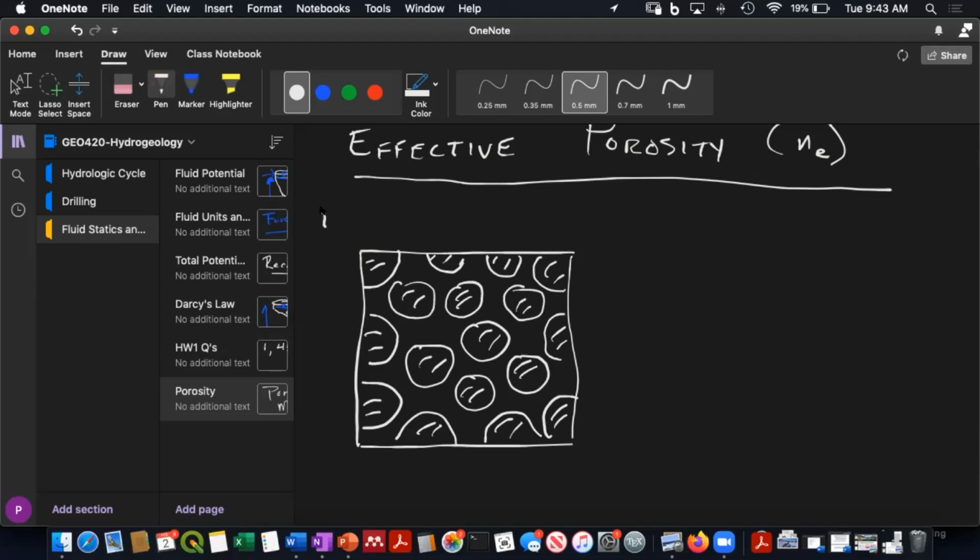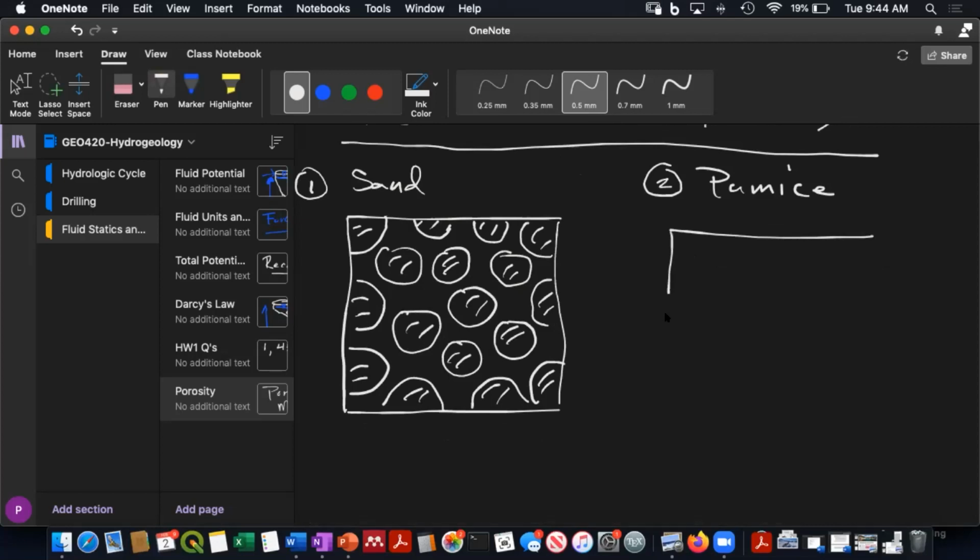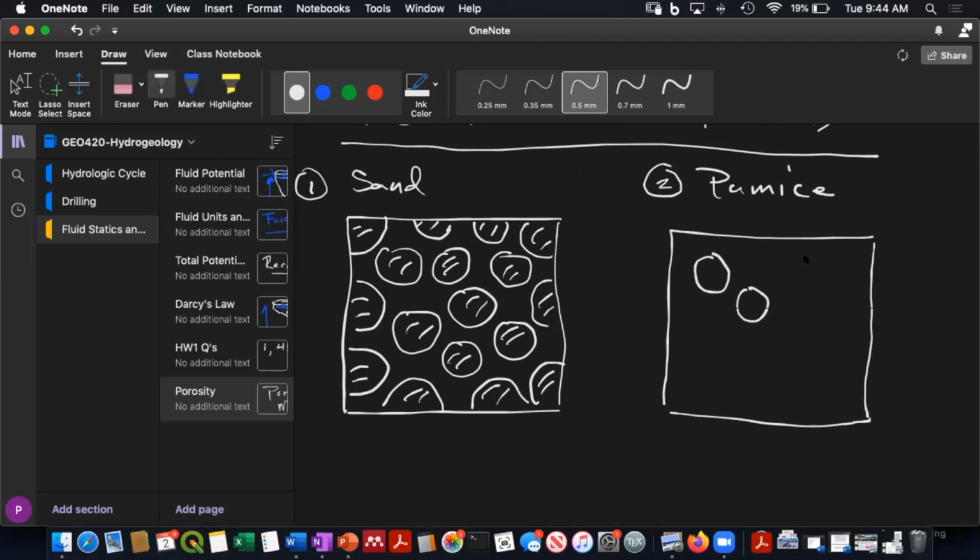So 1, sand. And then 2, let's think about a pumice. In my pumice, what I have here is gas bubbles inside a crystalline matrix.